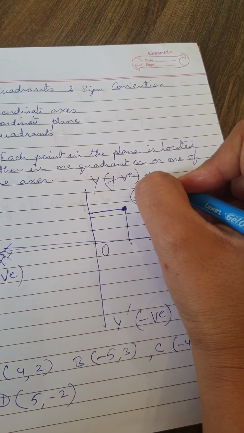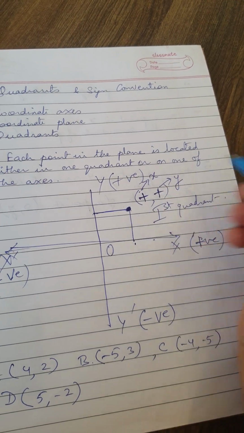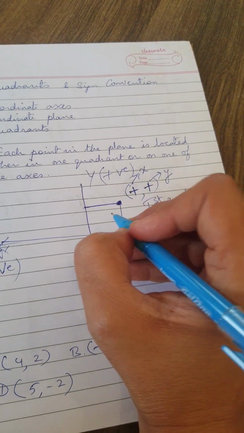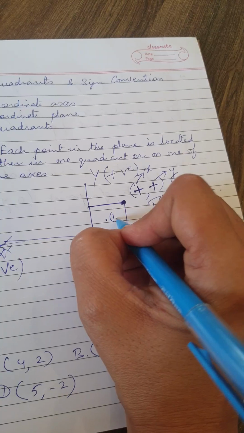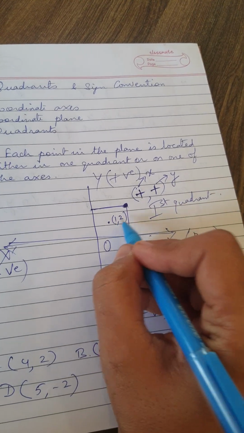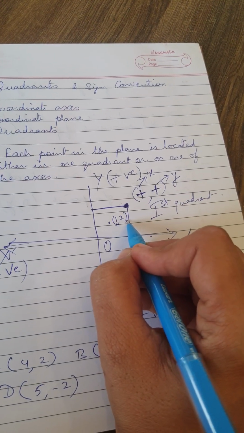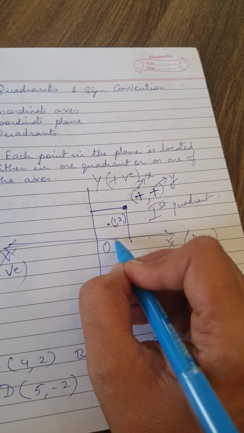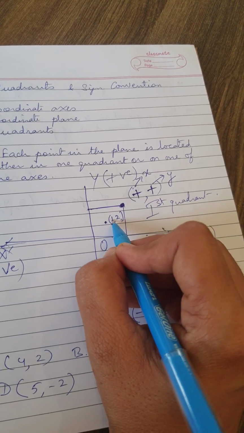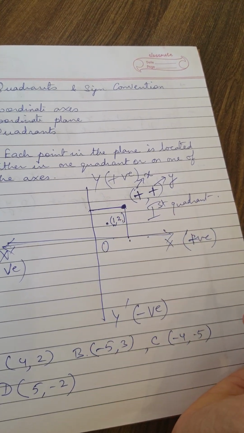Remember, this denotes the x-axis and this denotes the y-axis. So if I plot a point 1, 2, both of the coordinates are positive. So this point will lie in the first quadrant, because here the x is also positive and y is also positive. Understood?